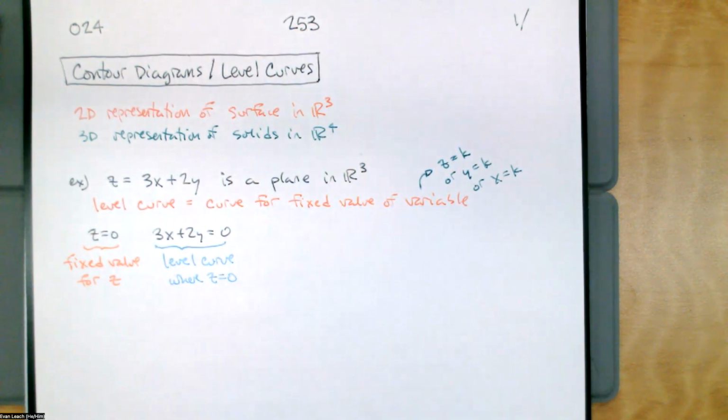No, because we would write it in standard form, 3x plus 2y minus z equals 0. So the normal vector would be 3, 2, negative 1. Or if we put it the other side, negative 3, negative 2, positive 1, which is just going exactly the opposite.